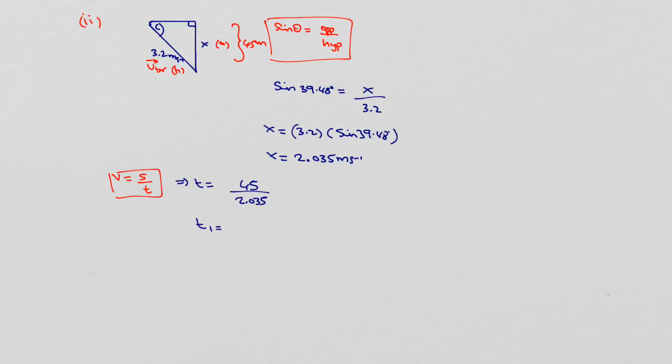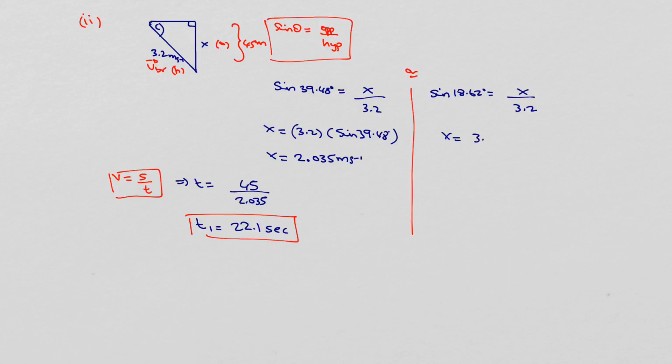So the first time it takes to cross could be 22.1 seconds. Or we could, of course, have the second angle, which is 18.62 degrees over 3.2.